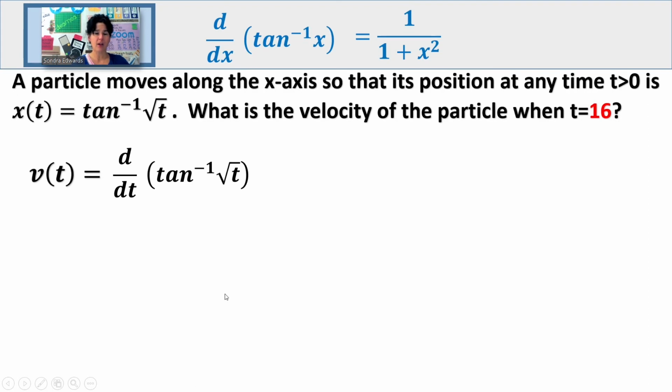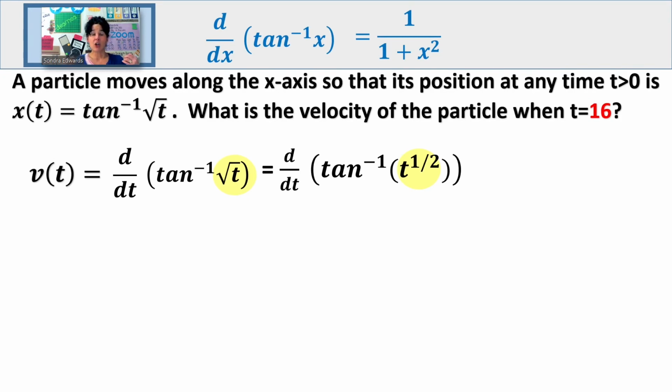root of t. First thing I'm going to do, because we do not like root notation in calculus, is immediately rewrite that as t to the power of 1/2. We need to know the memorized formula for the derivative of inverse tangent, and there we have it. I listed it right up above. And then applying that formula, this x is t to the 1/2.